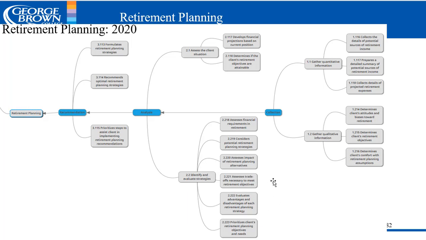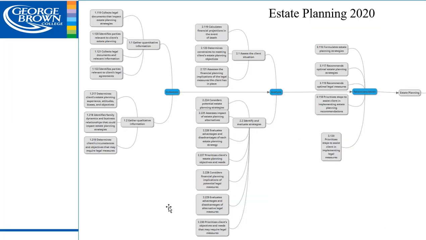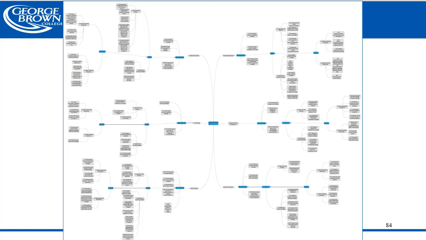There are other changes throughout the entire competency profile, but here were some significant changes in terms of the analysis, identifying and evaluating strategies. Similarly, for the estate planning for 2020, there were some changes here in terms of identifying and evaluating strategies. Again, this is way too small to see, but this is my mind map, which I've just cut and pasted out of the Google software. Here at the center it says integrated financial plan.